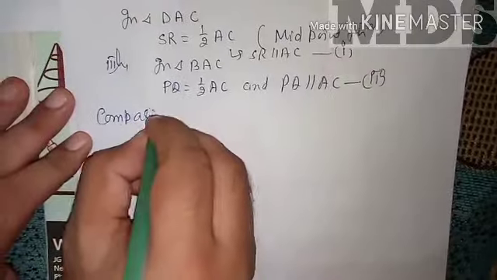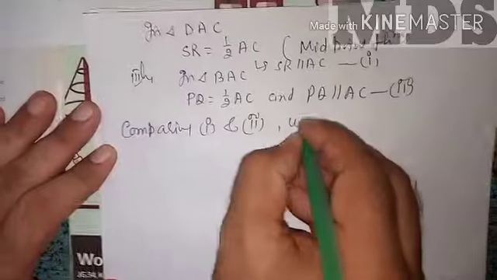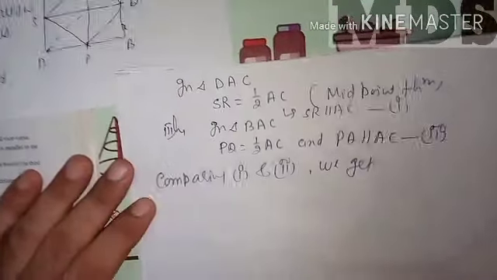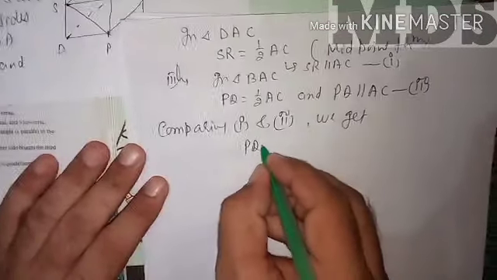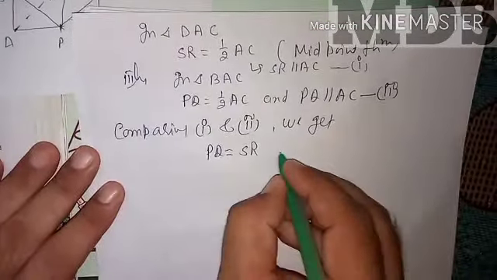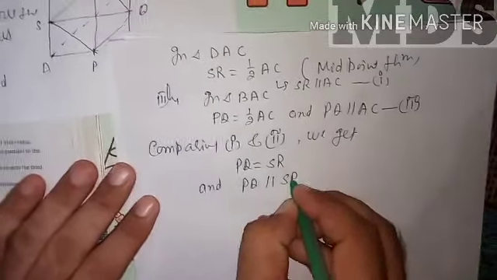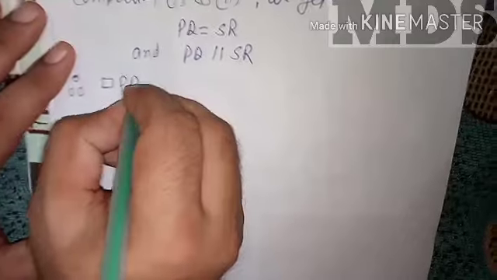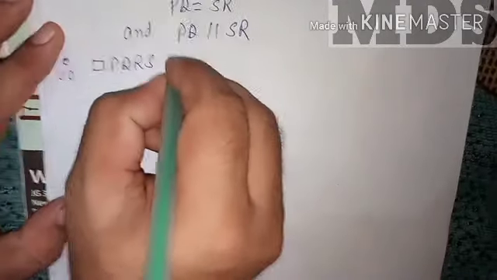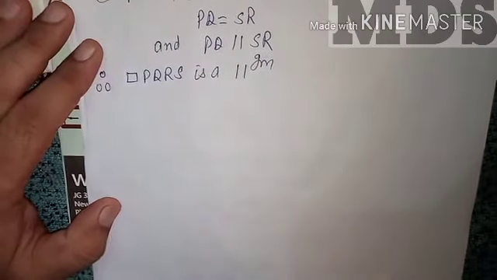Comparing first and second, we get PQ is equal to SR and PQ is parallel to SR. Therefore, quadrilateral PQRS is a parallelogram. Understood?